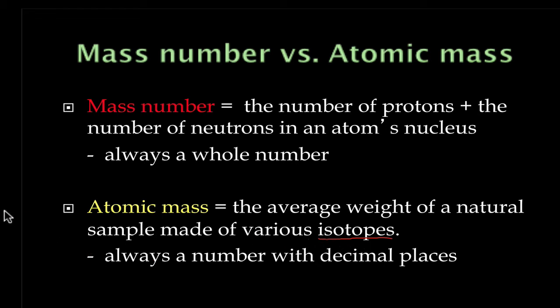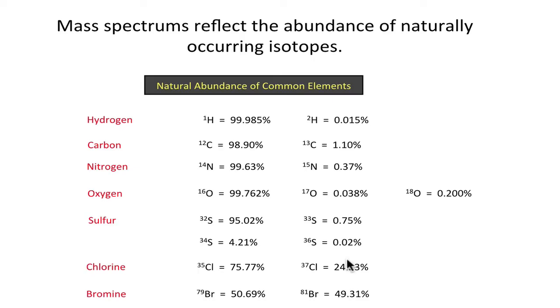So you could have something like carbon 12 and carbon 13. They're both still carbon, they just are different versions or different isotopes, basically. And so if you find a weighted average mass, it's going to give you a decimal in there because it's an average of those. So if we look at these, this is just kind of an example.